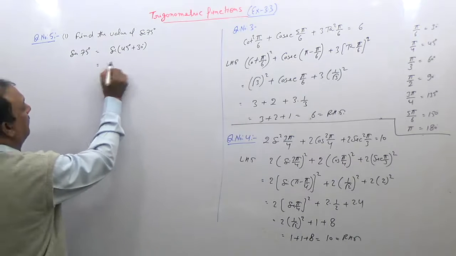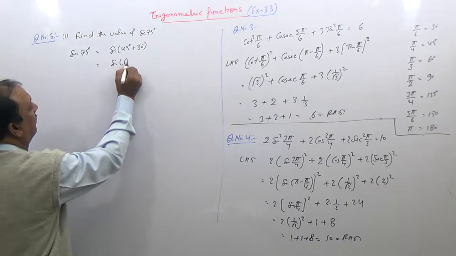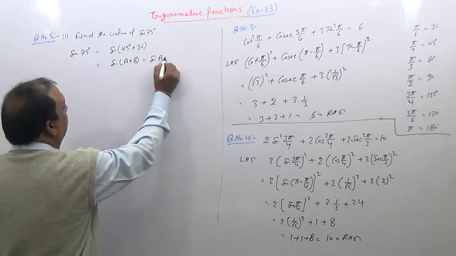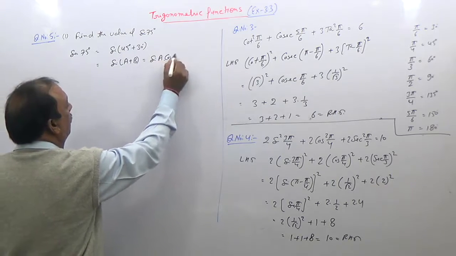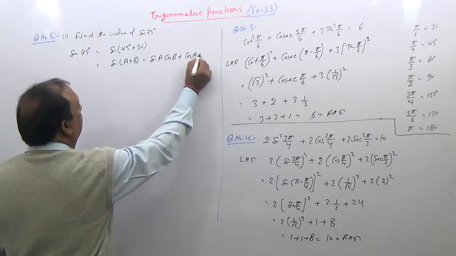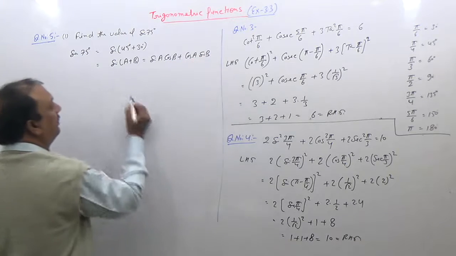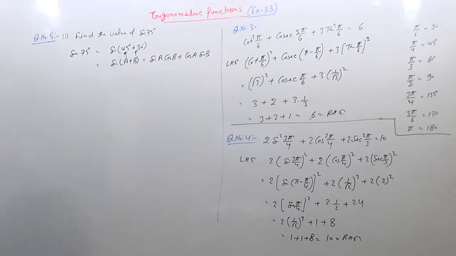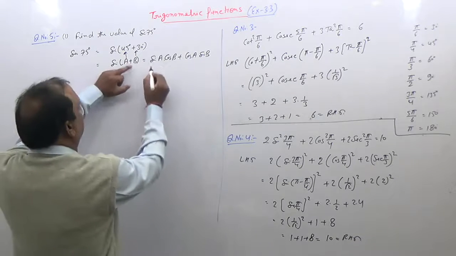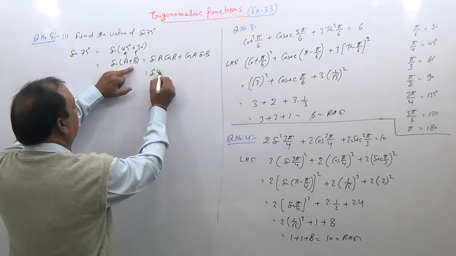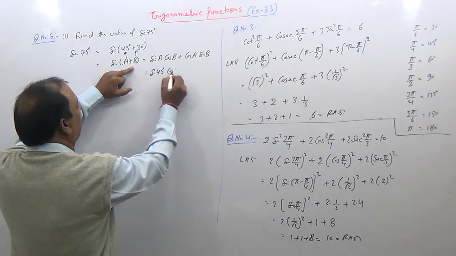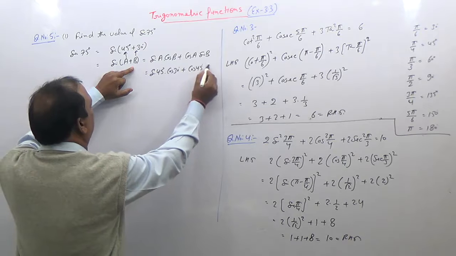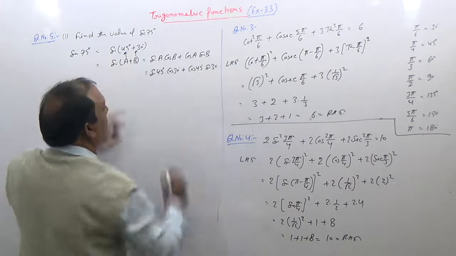So now we have to use the identity. sin A plus B is sin A cos B plus cos A sin B. So, replace A by 45 and B by 30, that is sin 45 cos 30 plus cos 45 sin 30.